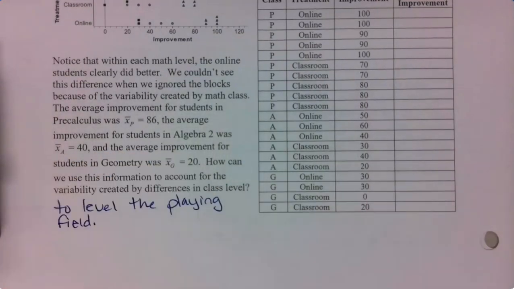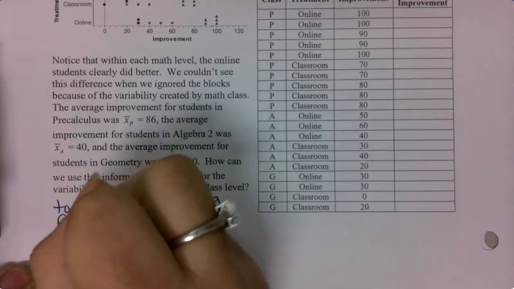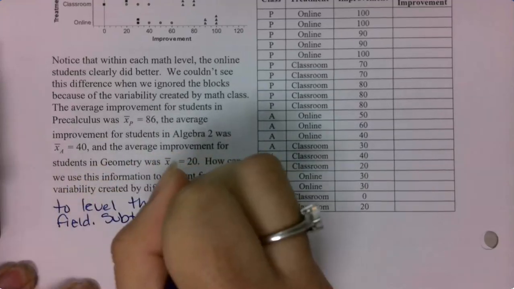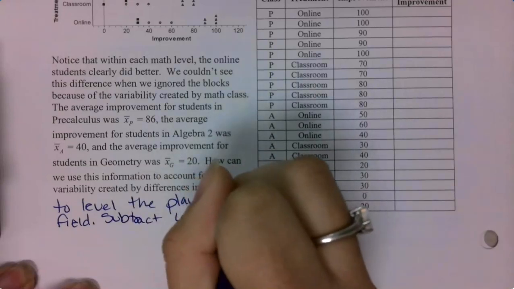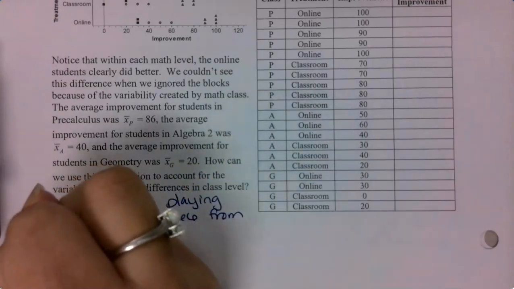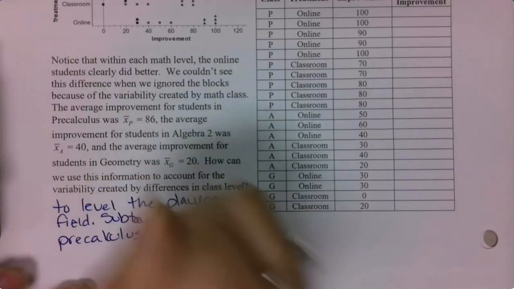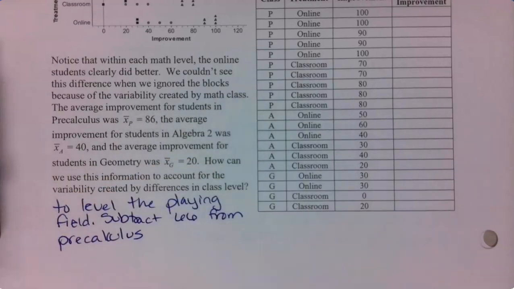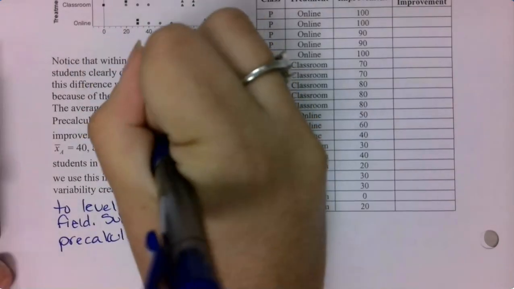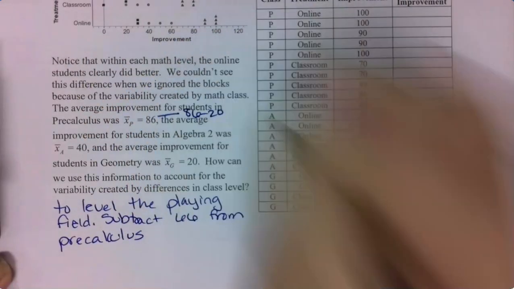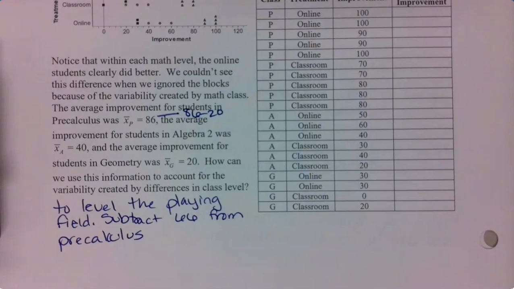So what I can do is subtract. I'm going to do 66 from pre-calculus. The reason I'm doing 66 instead of 86 is I did the 86 minus the geometry average to get that 66.